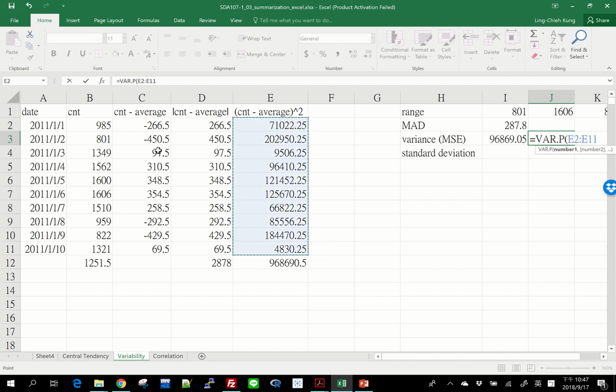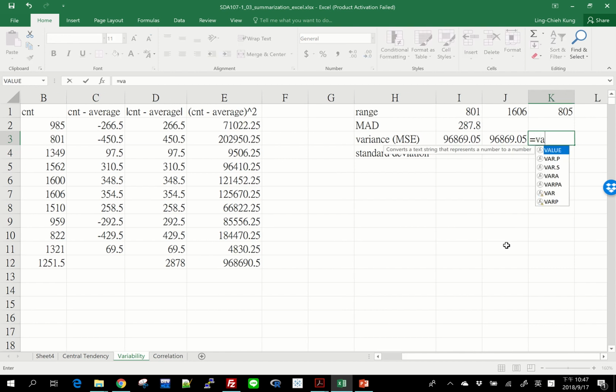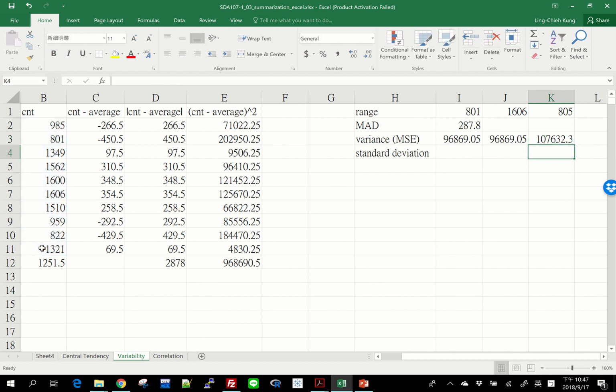Okay, so all I need to do is select all my original 10 values and put them into this var.p function. I'm going to get exactly what I should get if I do it step by step. We may try var.s, and very quickly we can see that the value is a little bit different.